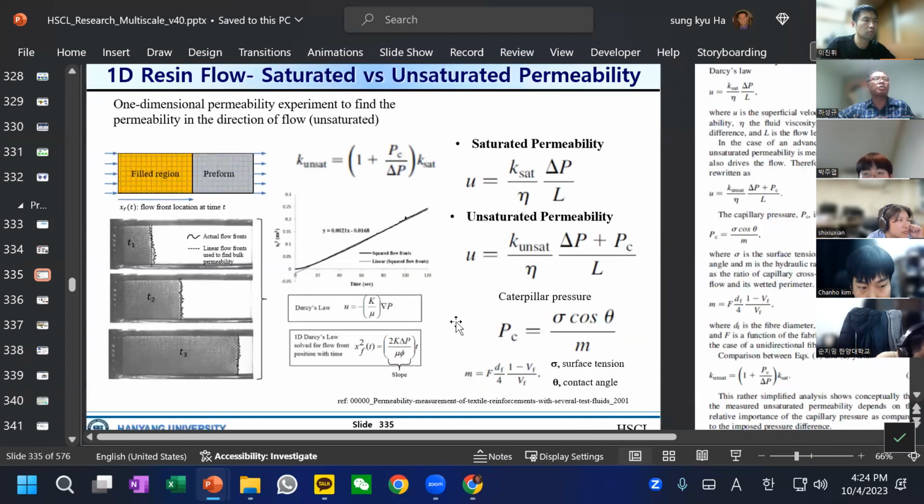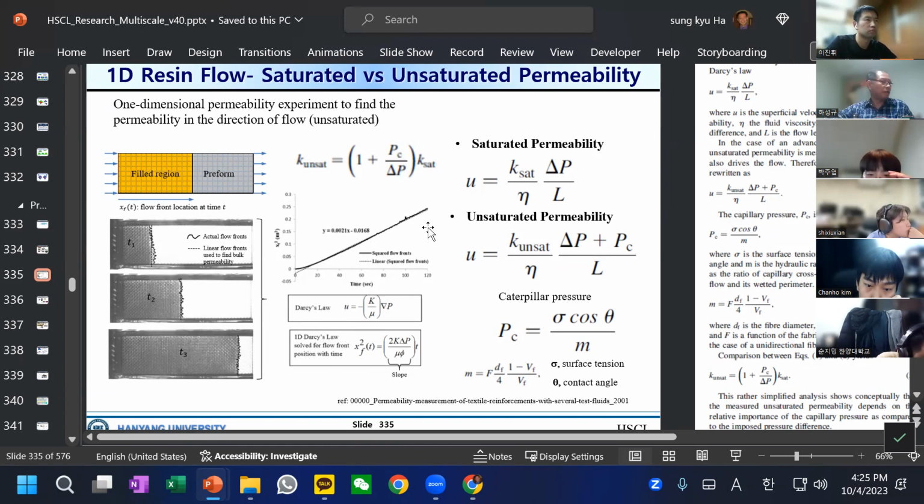So it's not a special machine, but imagine that this is a dry fabric, and then we apply a certain pressure on the left-hand and right, and then what will happen? Well, the resin, since it's a liquid, will flow with a certain speed and certain direction. In this case, it's just one direction, and it will take time, T1, T2, T3, for it to flow. So from this test, we can see the speed of the resin flow.